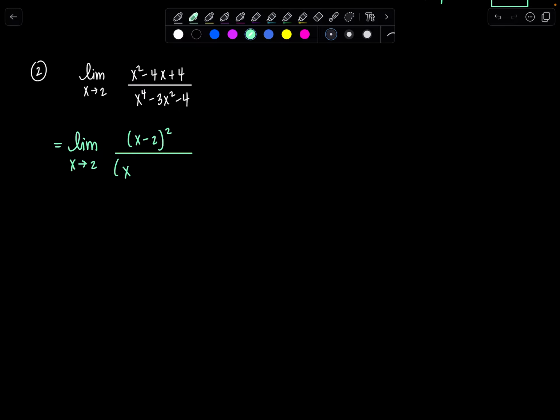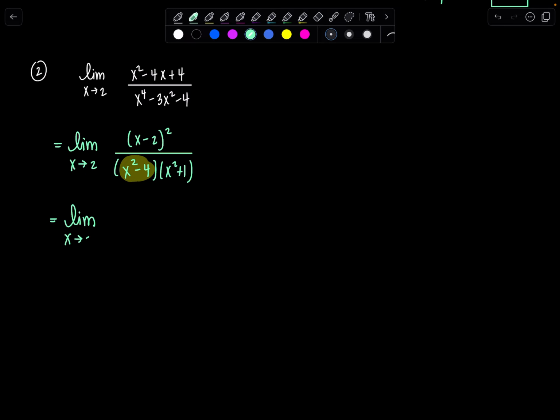Think of two numbers that multiply to negative 4 and add to negative 3. It's going to be x squared minus 4 and x squared plus 1. I have x squareds here because this leading term is x to the 4th, right? Okay, well, this is still not completely factored because x squared minus 4 is a difference of squares.